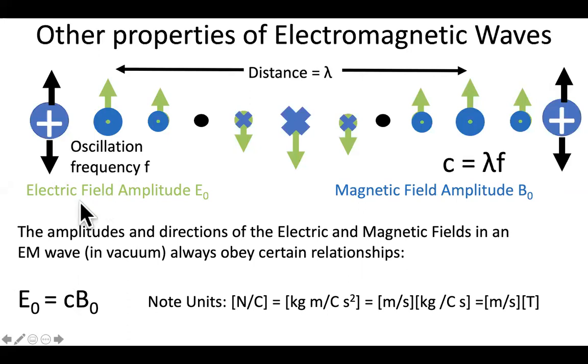It also works pretty well when the wave propagates in air and most other materials. We'll see cases where this isn't quite the case. But it means once we've specified the electric field, we know what the magnetic field strength has to be. They're not independent numbers. And that's just due to the way the electric and magnetic fields interact. And also, what's cool is this also works from a unit perspective.